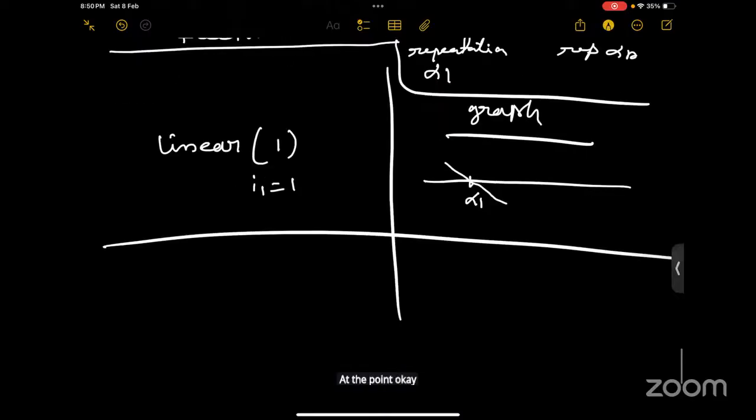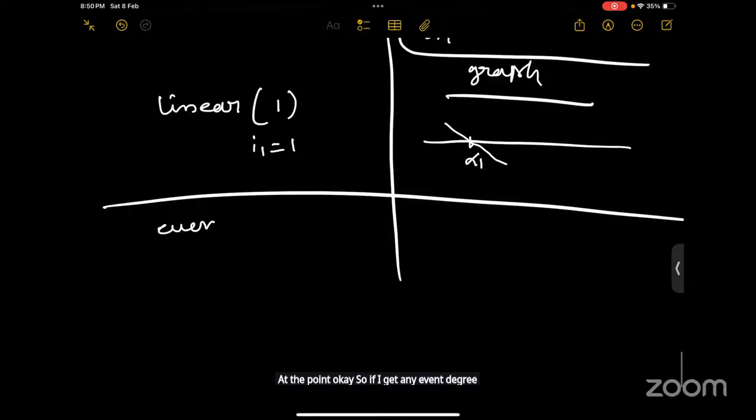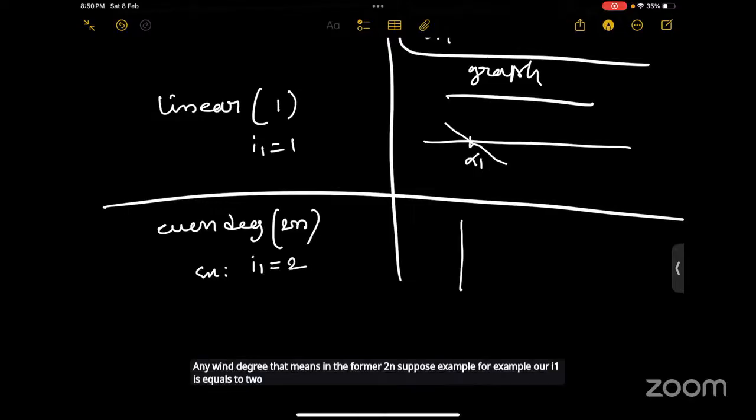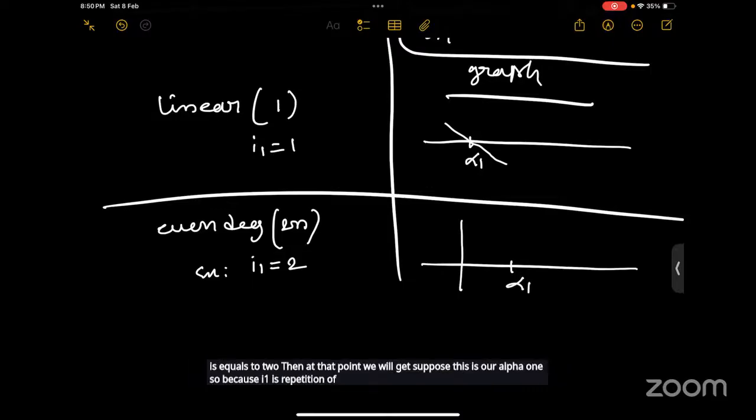So if I get any even degree, that means in the format 2n, suppose I1 is equal to 2, and suppose this is our alpha 1, then because I1 is the repetition of alpha 1, we will get the graph like that.